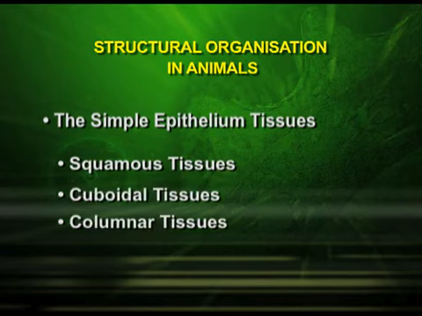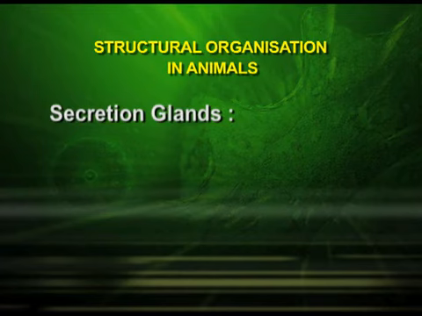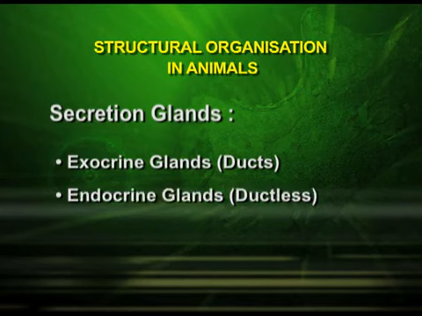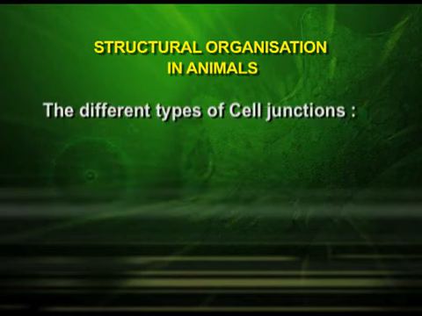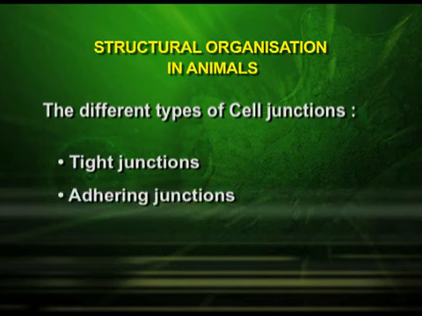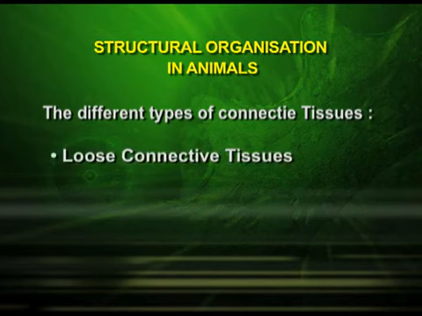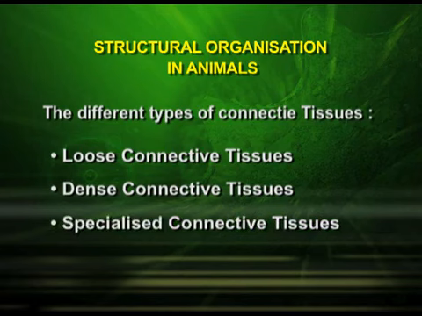We also studied the secretory glands, which are very important: the exocrine gland which has the ducts and the endocrine glands which are known as the ductless glands. The different types of cell junctions, the tight junctions, the adhering junctions and the gap junctions. Different types of connective tissues, the loose connective tissues, the dense connective tissue and the specialized connective tissues.